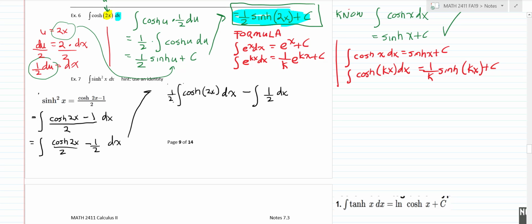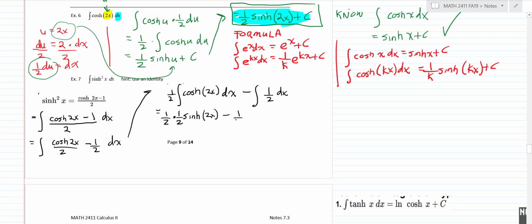Now we're basically where we need to go with this. And see, we know this. You can use this rule right here. So instead of doing U substitution, we already did it in the last problem. So what we have is 1/2, and then you can think of this as cosh kx, so it's 1 over k, or just 1 over 2, sinh of 2x. And then, of course, what's the integral of a constant?